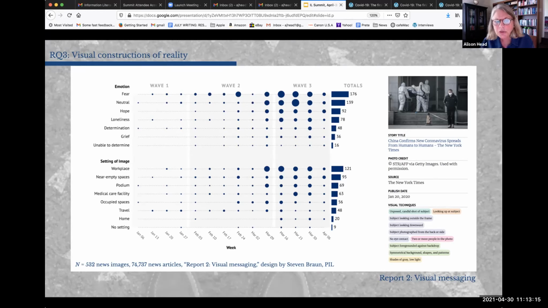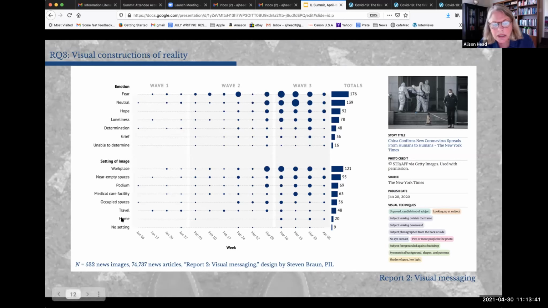We also see loneliness, determination, and grief. What is useful in this chart, again, this is interactive, is it shows that fear begins, and loneliness and determination are the first images that we start to see from these 12 top producing news outlets.